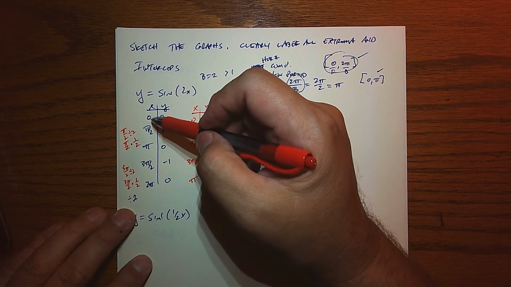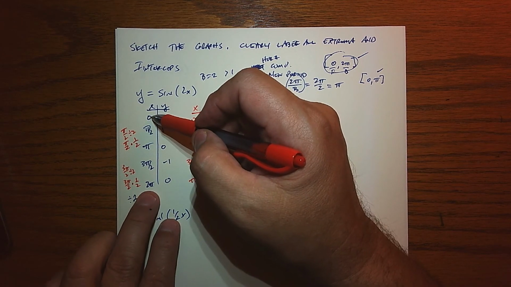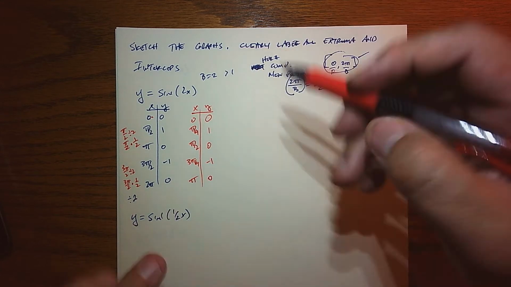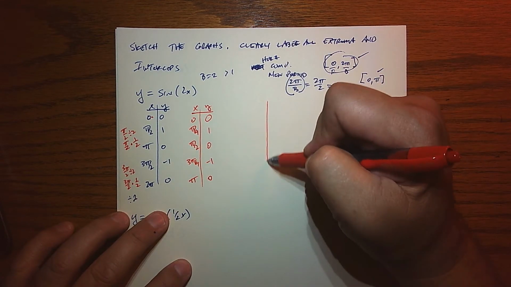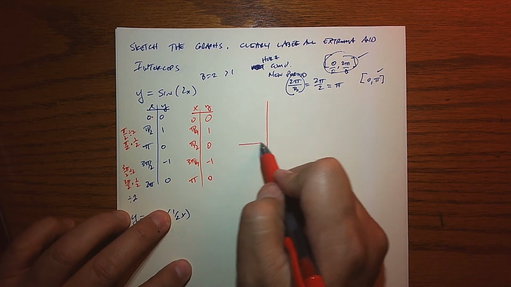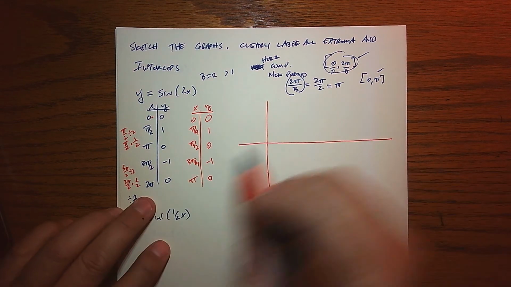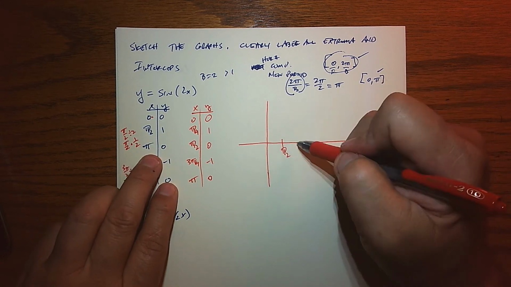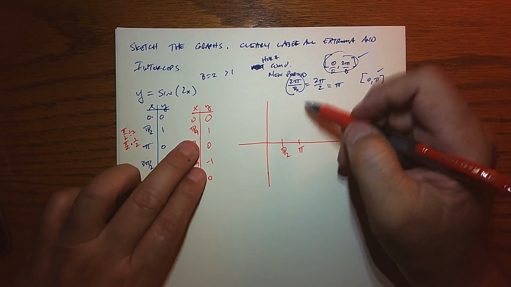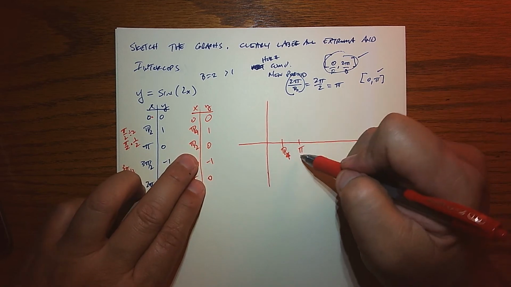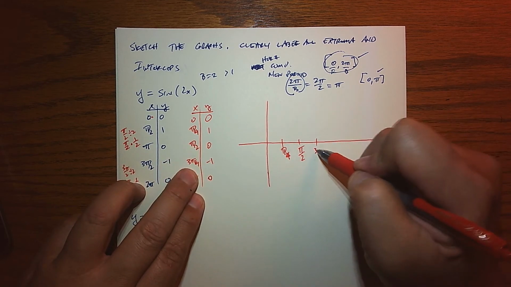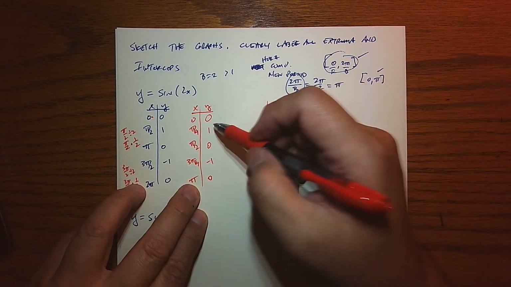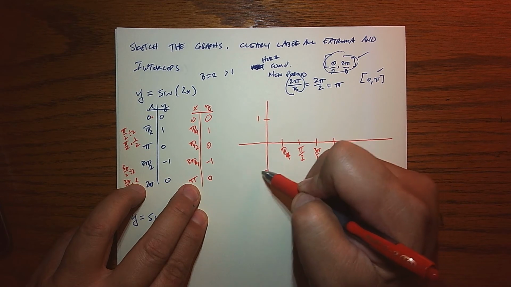So you can see the endpoints used to be from 0 to 2 pi, but now they're happening from 0 to pi. So let's graph this. We have pi over 4, pi over 2, 3 pi over 4, and pi, and we're still between 1 and negative 1.